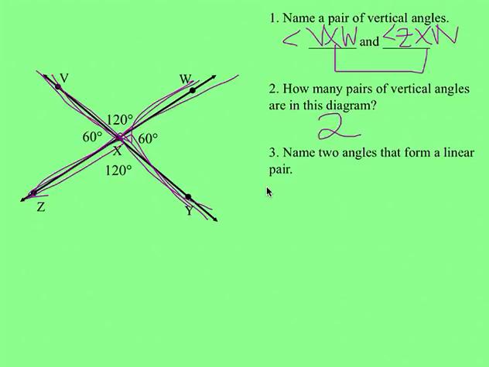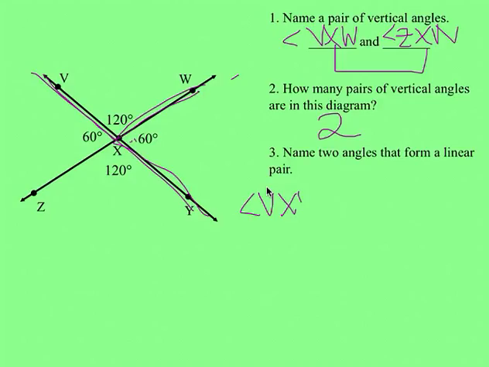So then we need to name two angles that form a linear pair. So a linear pair are angles that are going to make up a line. So I notice that this angle and this angle form a line because you see that there's that straight line there. So I'm going to say angle VXW and angle WXY form a linear pair.